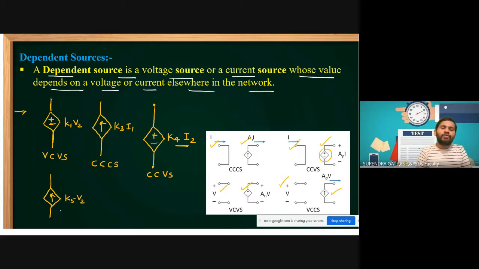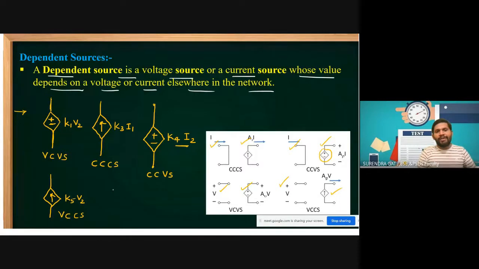What is this source? It is a current source which is controlled by voltage. That is a voltage controlled current source.